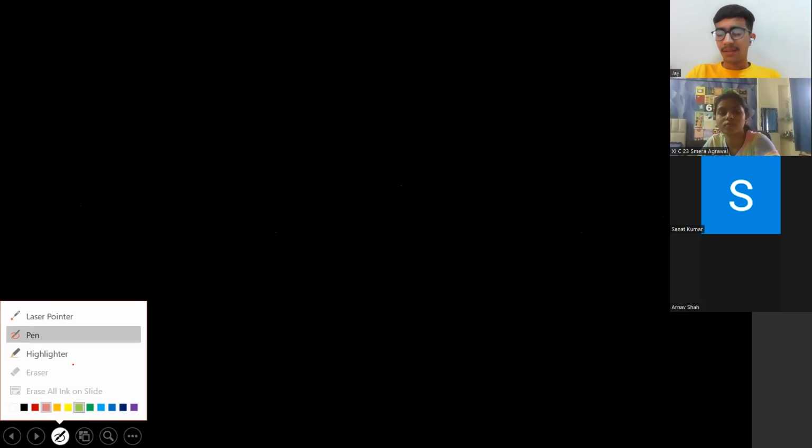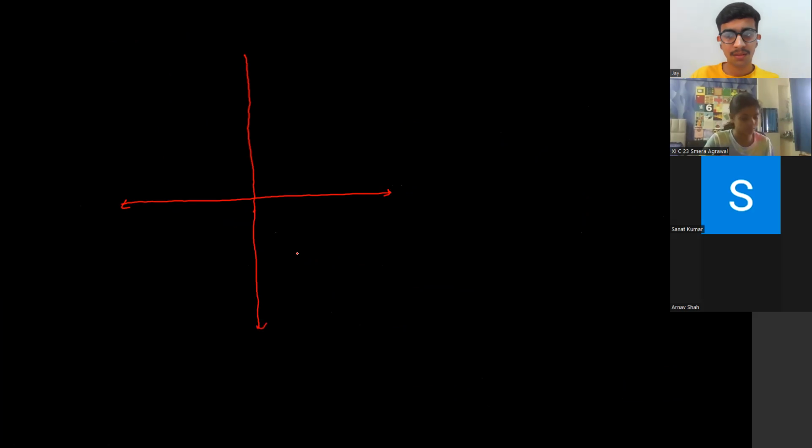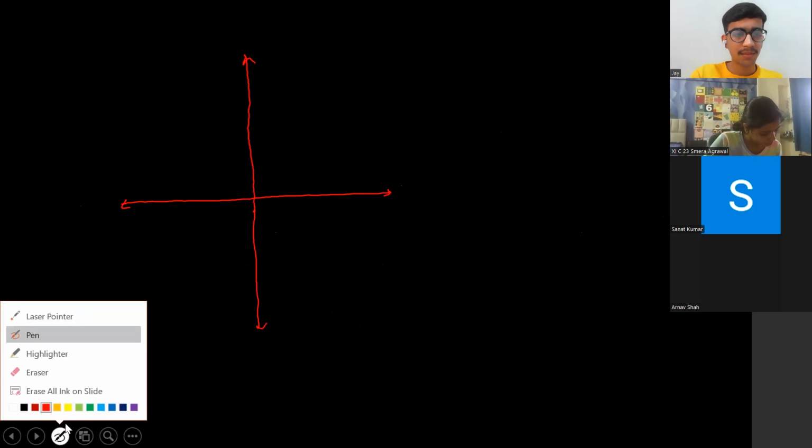So अब आते हैं drawing part पे. So basically y square is equal to 4ax represents a parabola. I'm trying my best to draw it very nicely. So this is my x-axis, this is my y-axis.